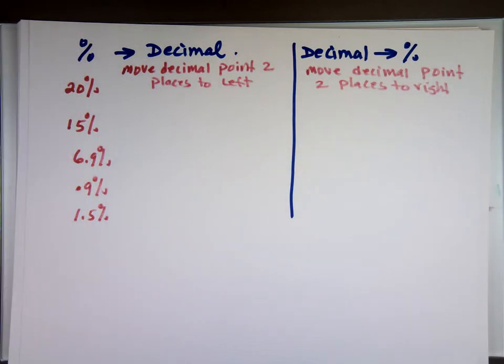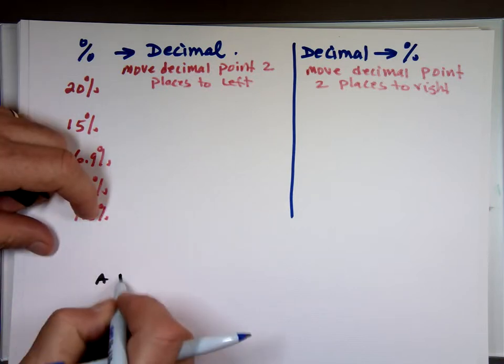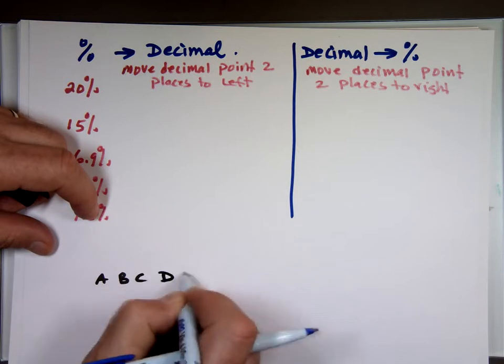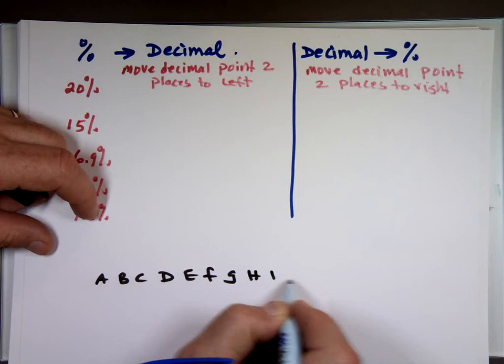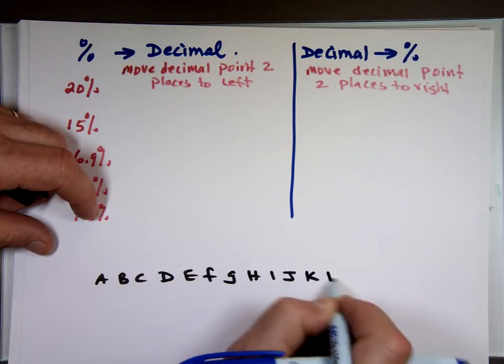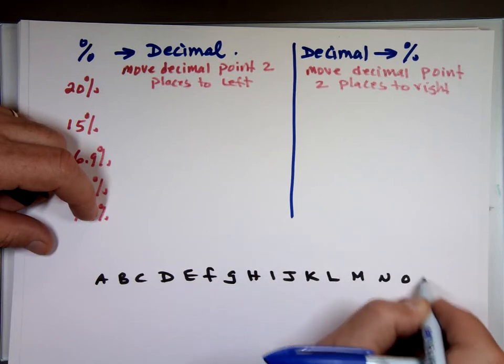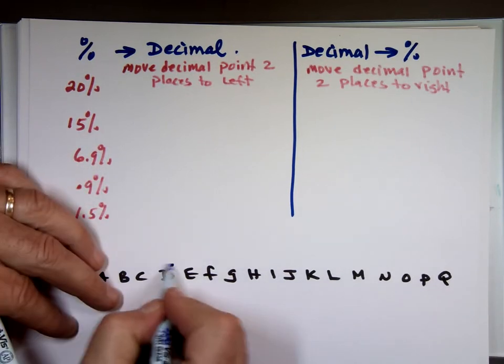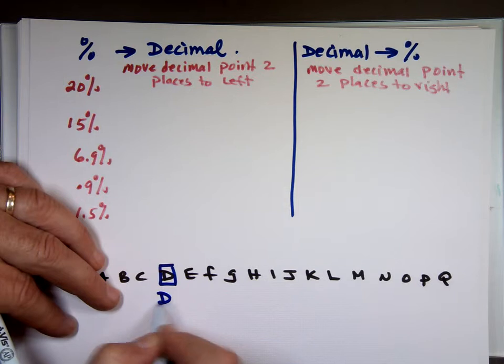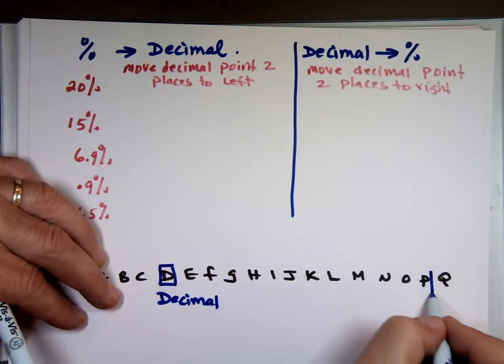This one I have a way to help you memorize which way to move it. And that is, if you write your alphabet, A, B, C, D, E, F, G, H, I, J, K, L, M, N, O, P, Q. I don't care about the rest. D for decimal. P for percent.